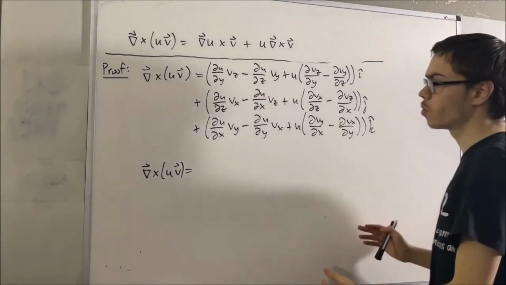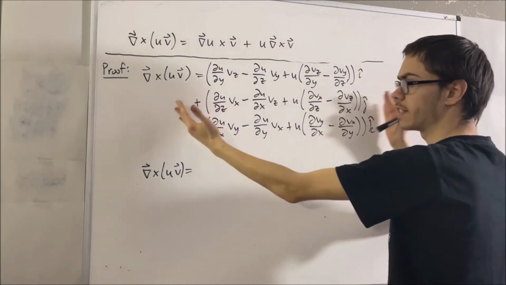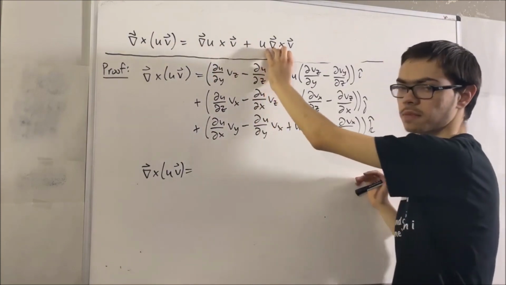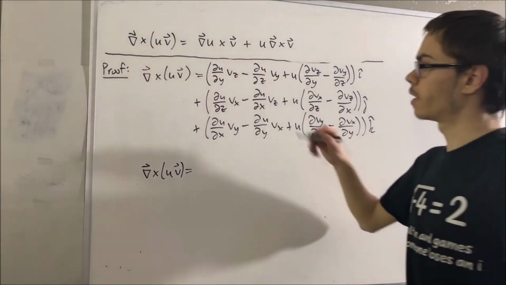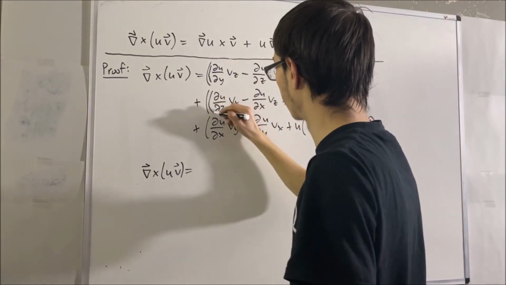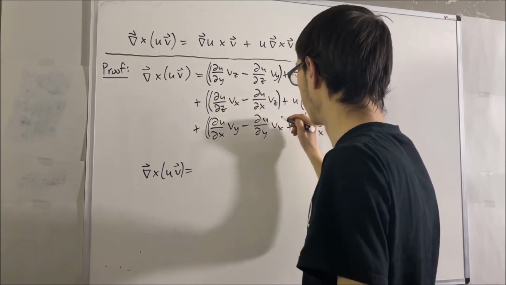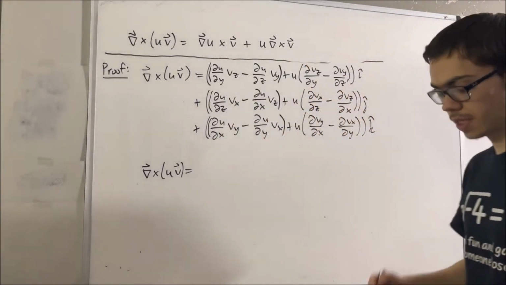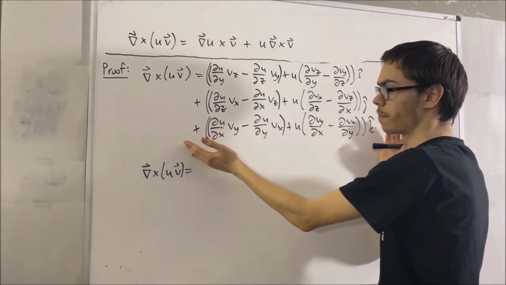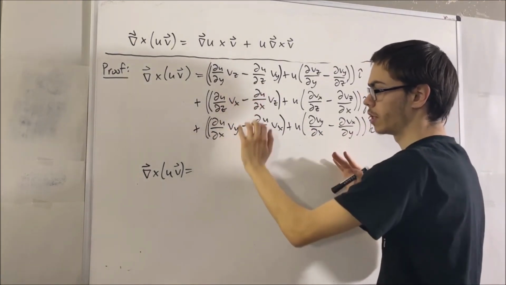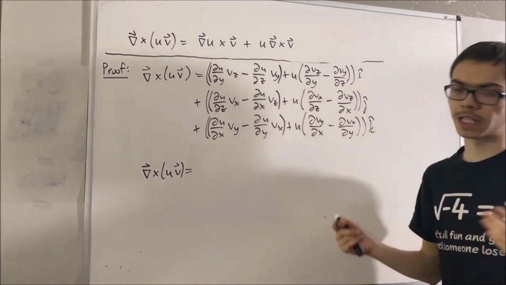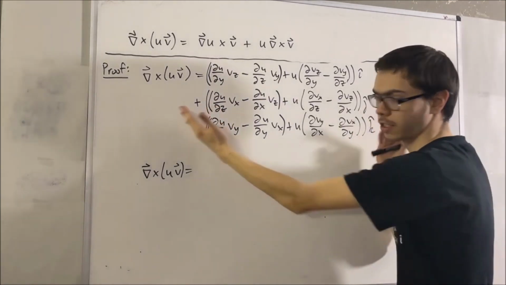So at this point, this entire thing is just a single vector, but we want to convert it into a sum of 2 vectors. Well, we can do that, right? First thing I'm going to do is show you that there are parentheses that I can place around each of those pairs of terms. And so we can now think of this as the sum of 2 vectors, right? One vector has these 3 components, and the other vector has these 3 components. And when those 2 vectors were added together, we resulted in this vector.